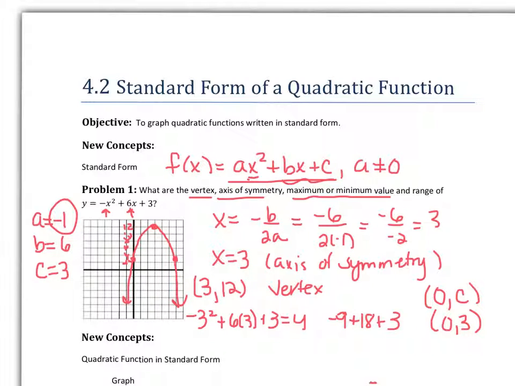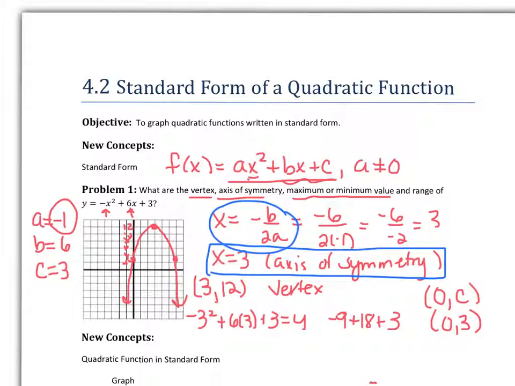Again, the axis of symmetry is x = 3. You use this formula to find that. Here is your vertex. I know the x of my vertex is the value I got for the axis of symmetry. I plug it in to find my y, and then I need to plot at least one other point and its reflected point to draw in the curve. At this point, I'm going to have a maximum.